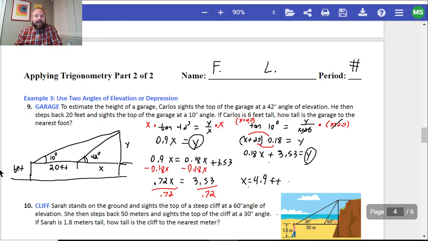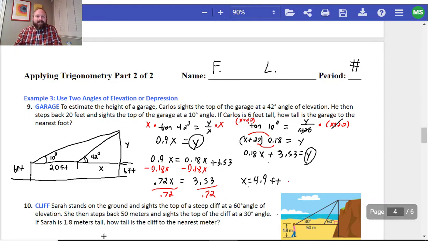But wait, how tall is the garage to the nearest foot? Well, y is this. So this is going to be 6 feet plus y. So I'm going to multiply 0.9 to our x value, and then that's y. I add 6 feet.